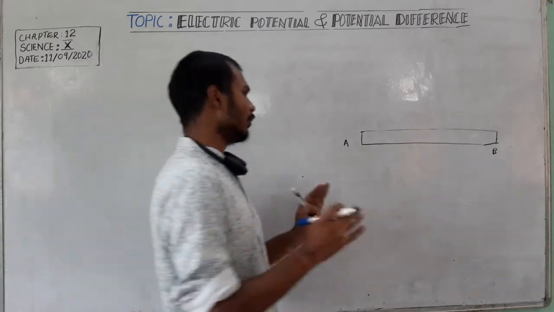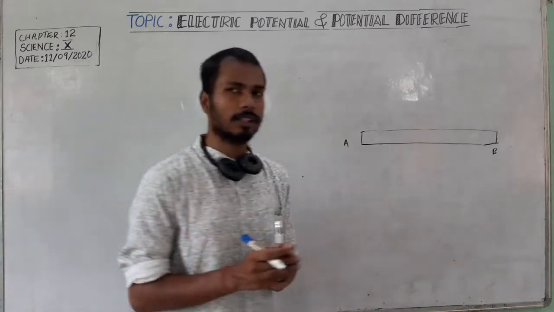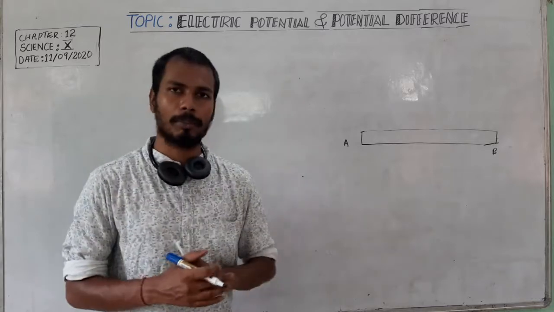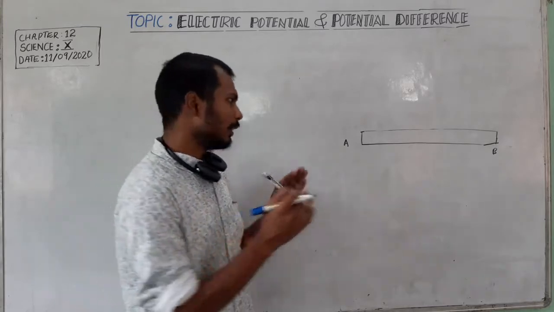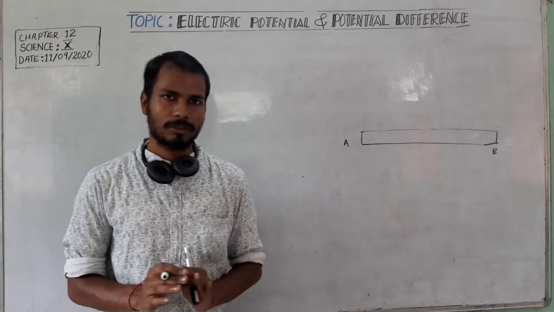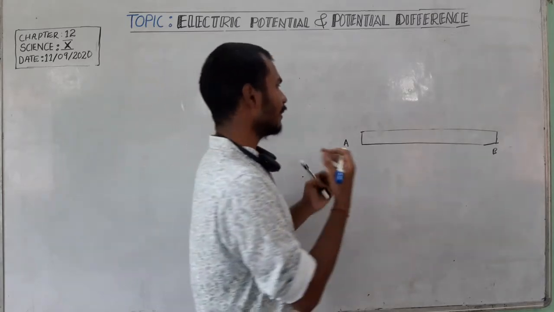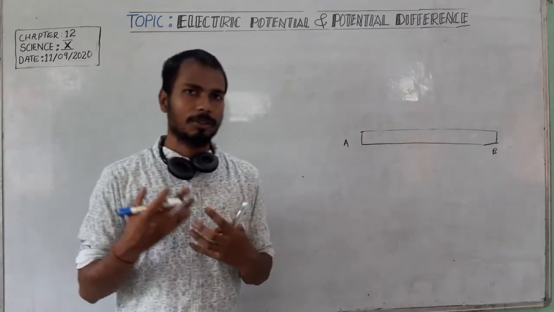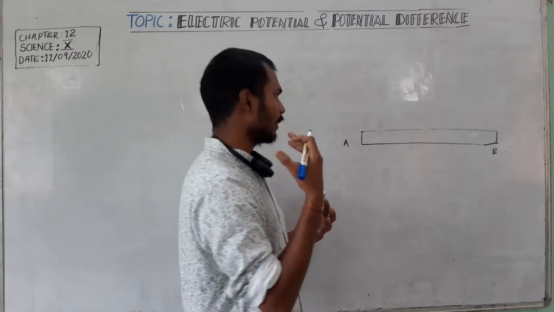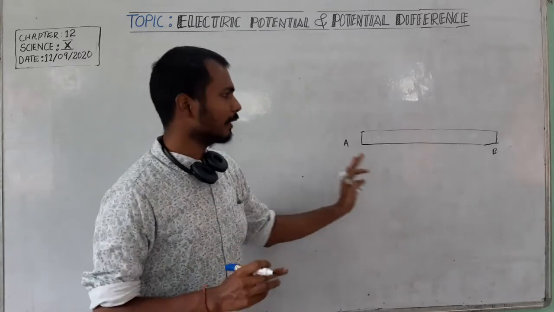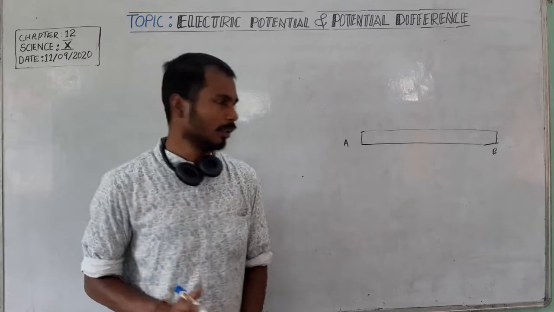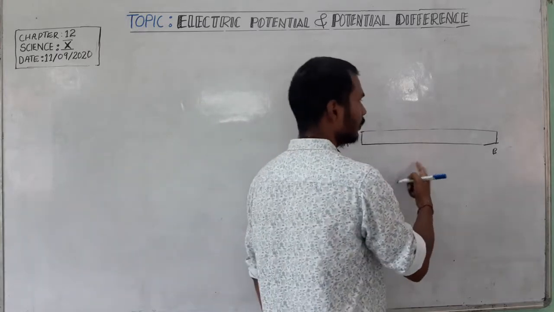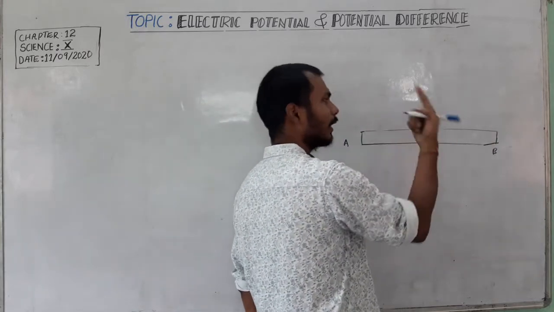We know that to pass current through a conductor, we have to connect the conductor to a battery. But in this diagram, we will not show a battery. Just keep in mind there is a battery connected to this conductor. If the battery is connected, charge will move, current will flow.